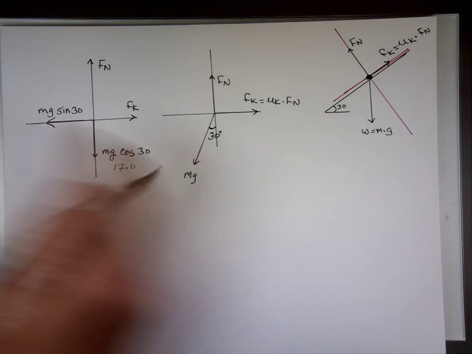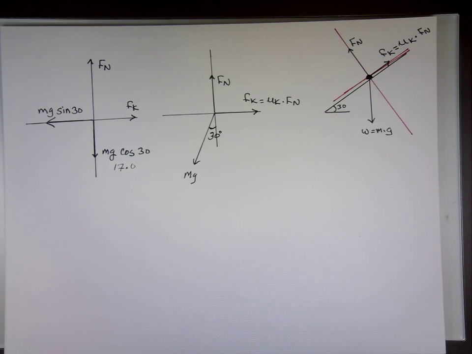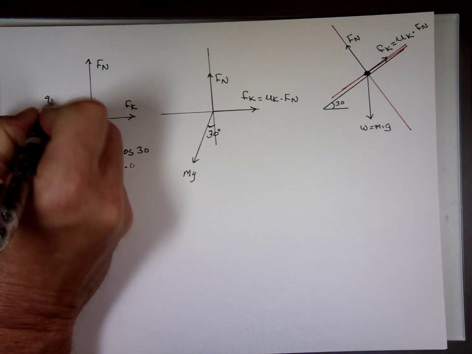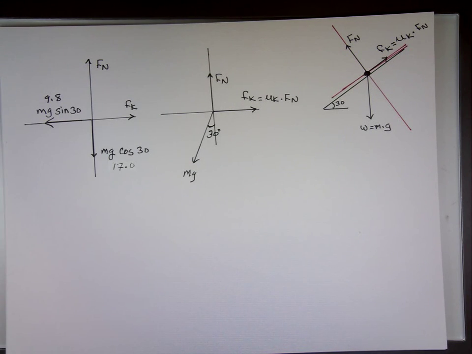And this one, the mass is 2. Gravity is 9.8 times the sine of 30 degrees. That's 9.8. Okay.